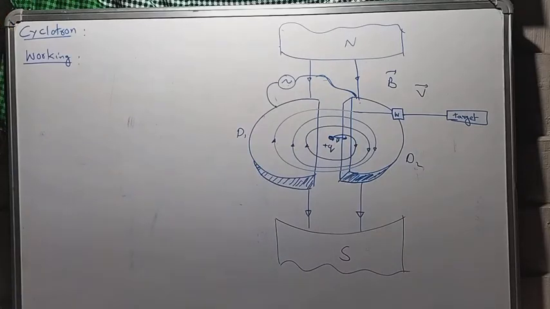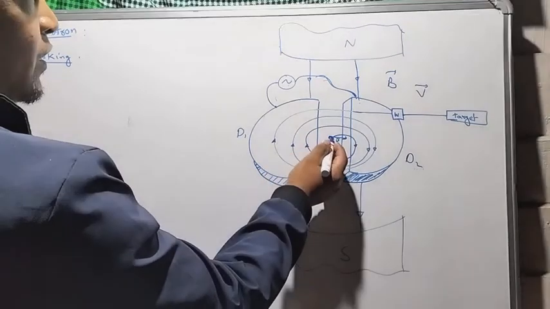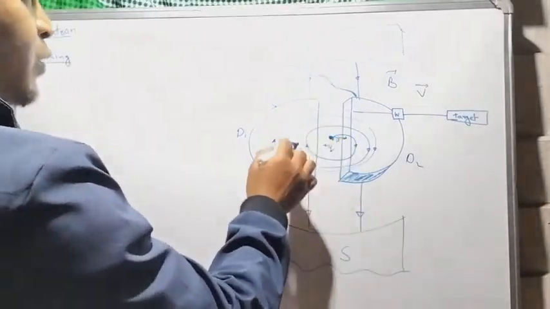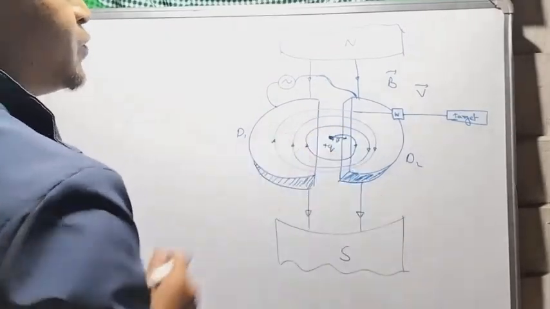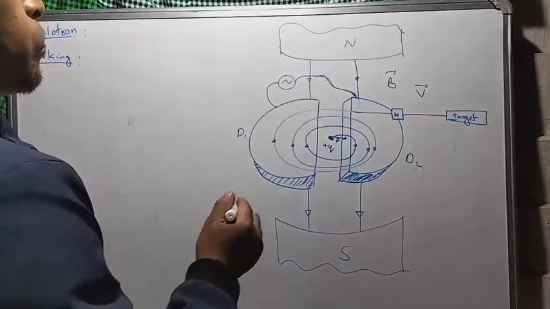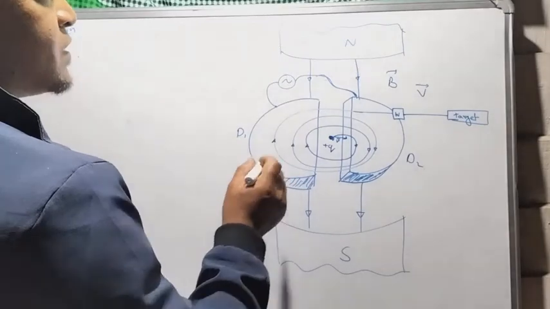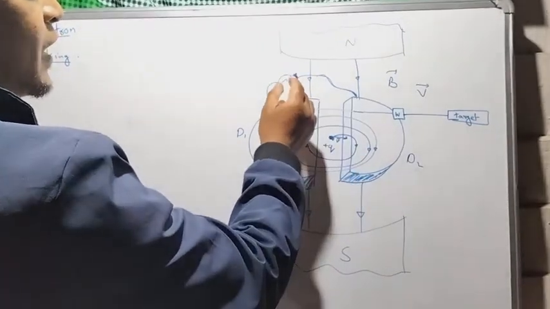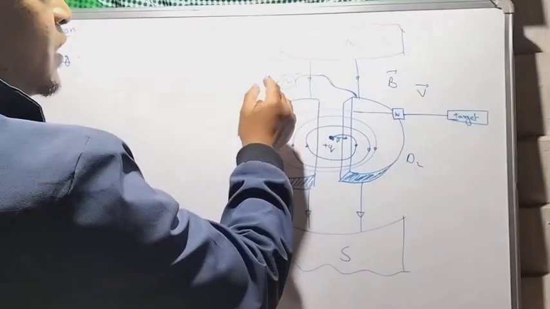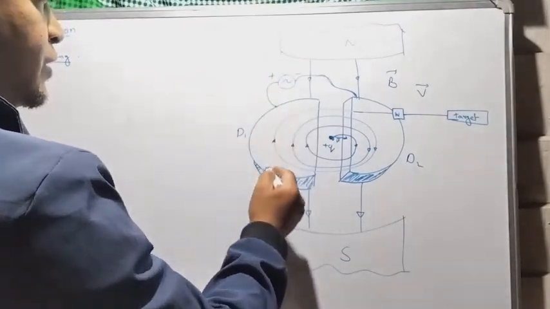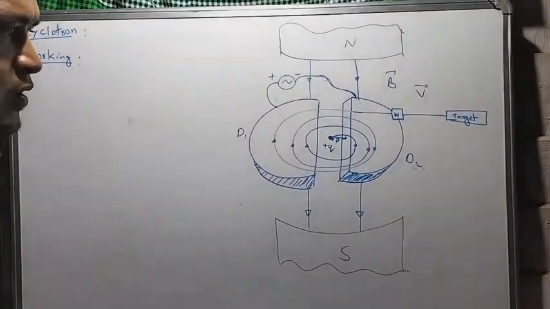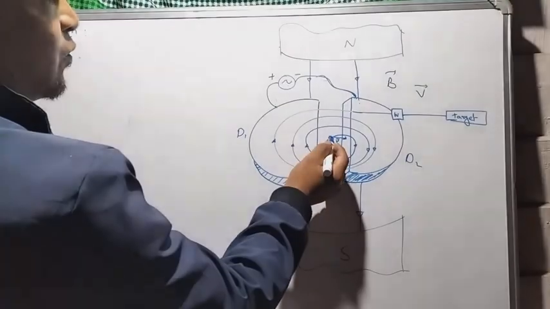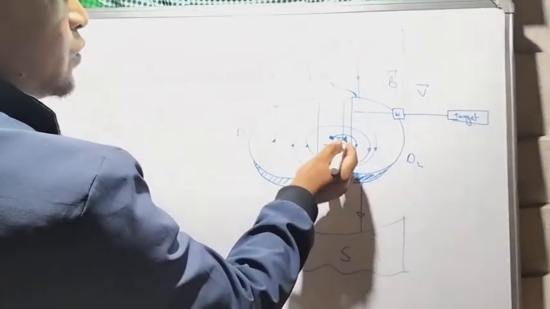Now this charge, being positive, will move towards D2 or D1 depending upon the polarity of the two Ds. Suppose at first, D1 is at negative potential and D2 is at positive potential. Then this charge plus Q will move towards D2 with a velocity v.